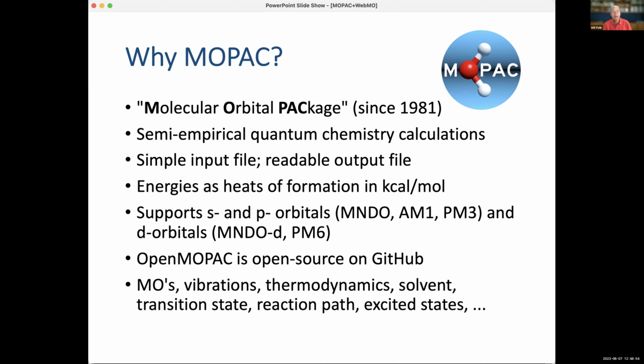Another strength of MOPAC is its wide variety of calculation types, not only molecular orbitals, but also vibrational normal modes and infrared spectra, thermodynamic quantities, solvent effects, locating transition states, following reaction paths, and as we'll hear in our first talk after our break, MOPAC can now model excited states and UV-vis spectra.